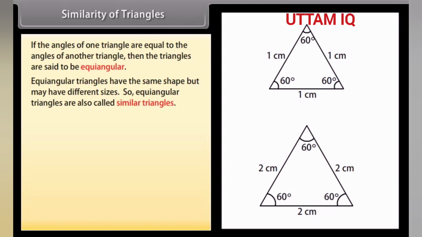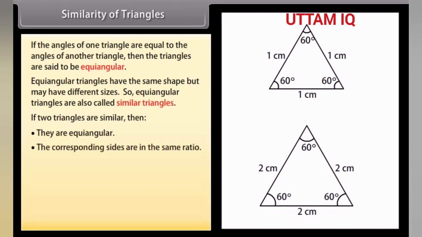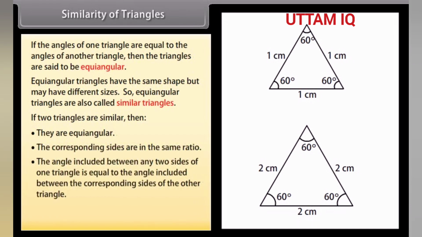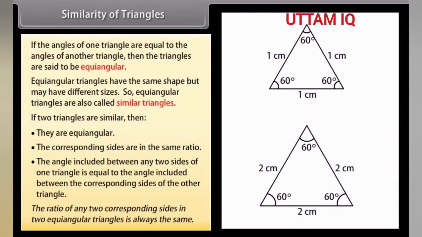Or we can say that if two triangles are similar, then they are equiangular. The corresponding sides are in the same ratio. The angle included between any two sides of one triangle is equal to the angle included between the corresponding sides of the other triangle. The ratio of any two corresponding sides in two equiangular triangles is always the same.